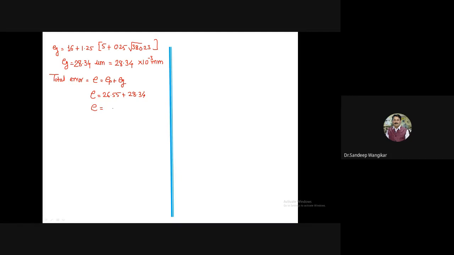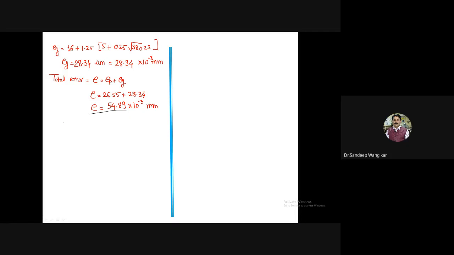Okay, very nice. So I will say 54.89 micron, or I will directly convert it into 10 raised to minus. This value I will put, error value in formula.